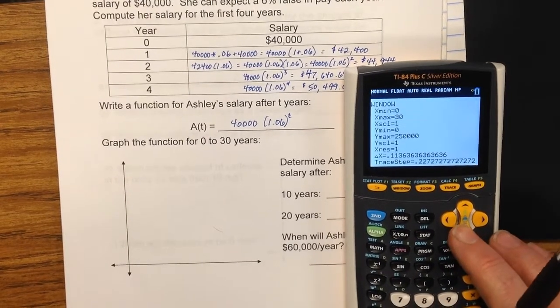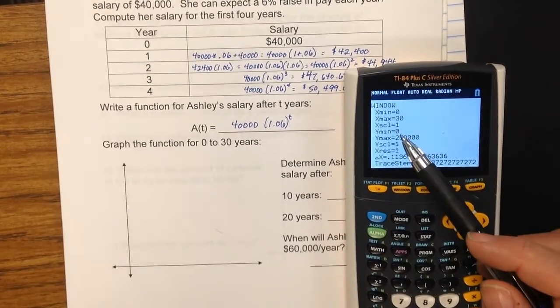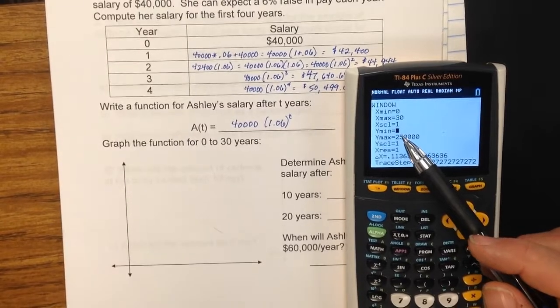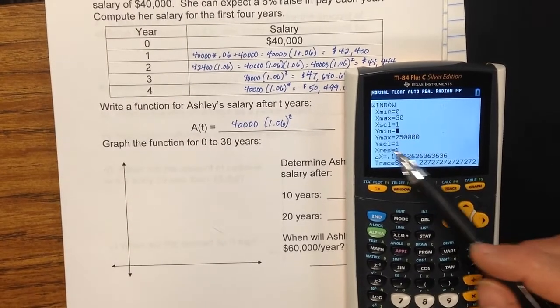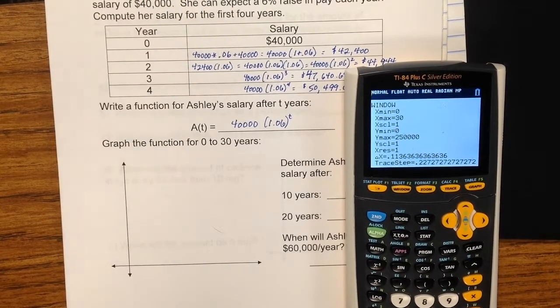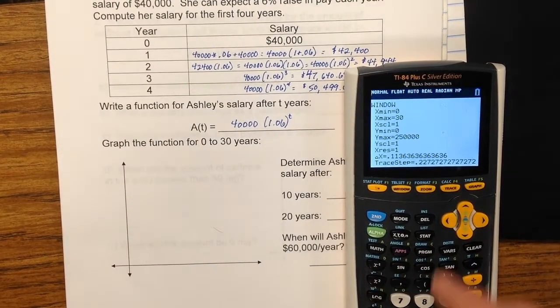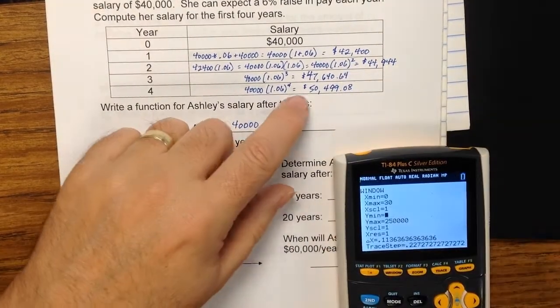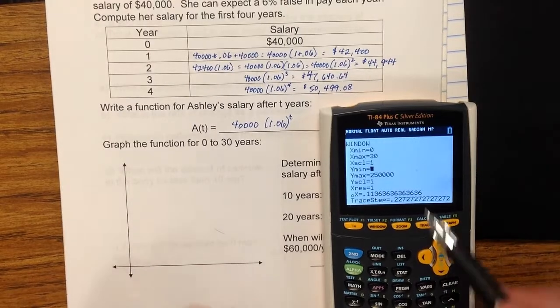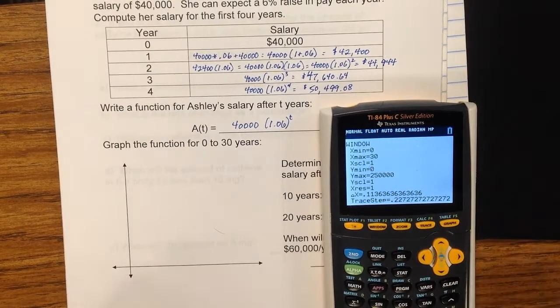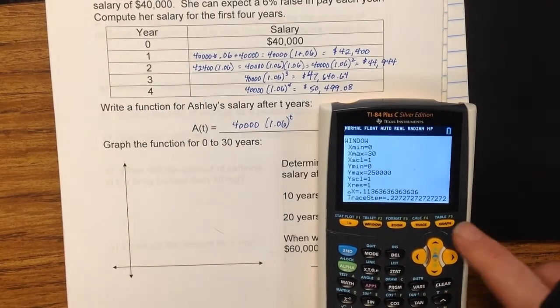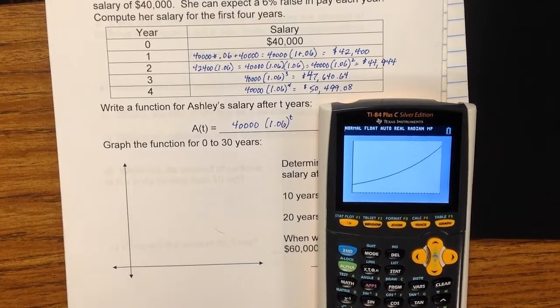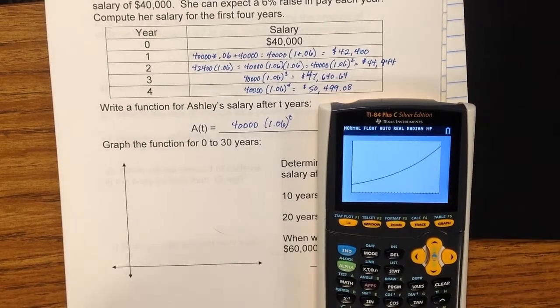And just having fiddled with it a little bit, I know the y min, it's not going to go below 0 clearly because she's going to start at 40,000. And I figured out that a pretty good window is going to be 250,000 for the max. I know that just after 4 years she's making over 50,000, but after 30 years she's going to be making pretty good money here. So if I graph that, I get something that looks like this.